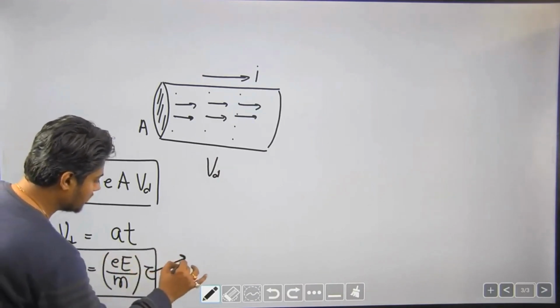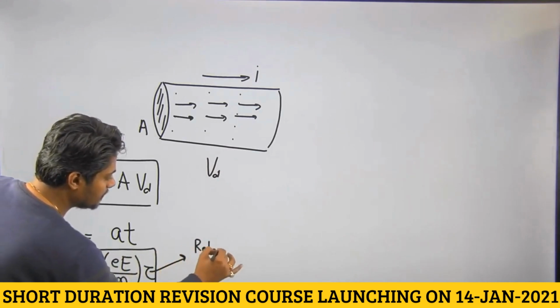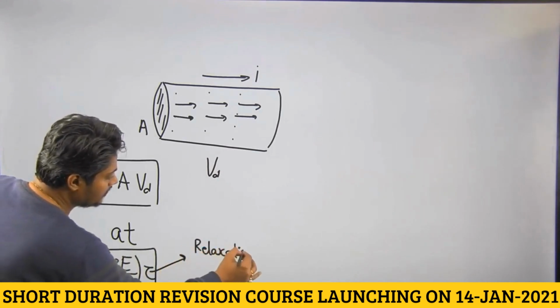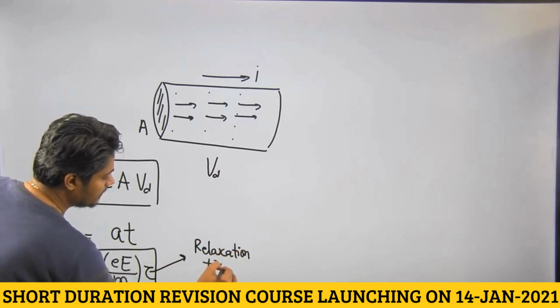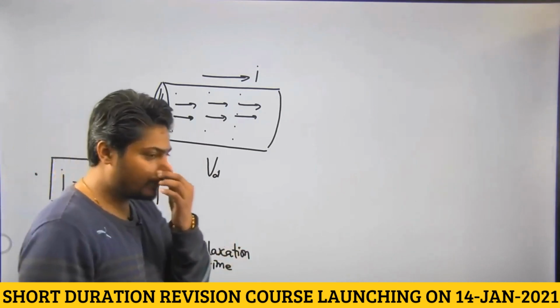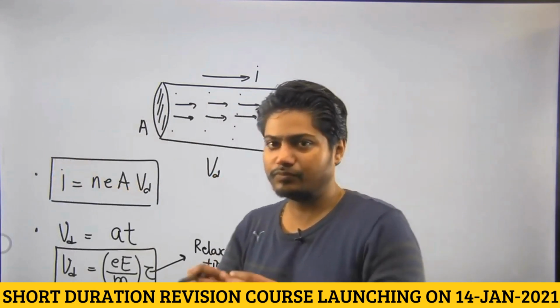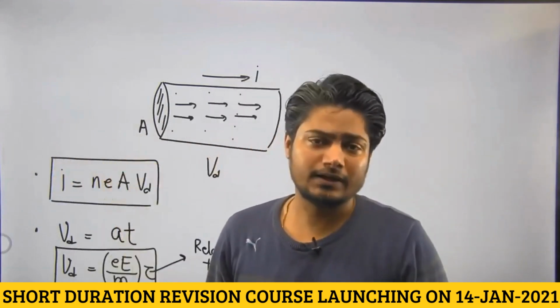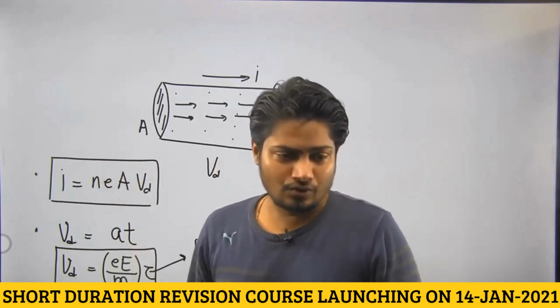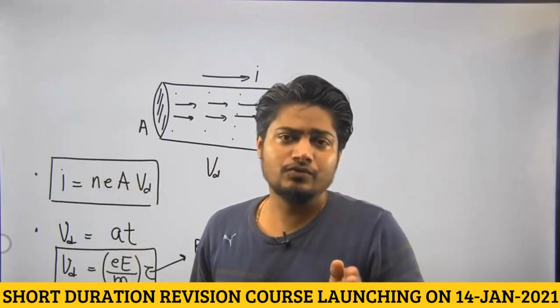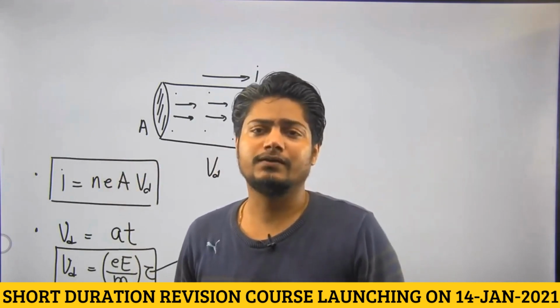Just remember this, this is relaxation time. What is relaxation time? It is the average time duration between successive collisions, because electrons move and collide with the atoms and lose their velocity in a given direction again. So, only between successive collisions does it move in the direction of the electric field.